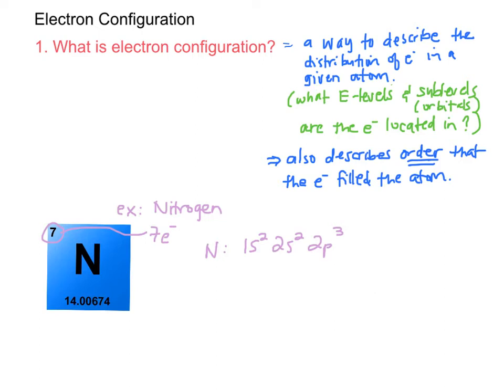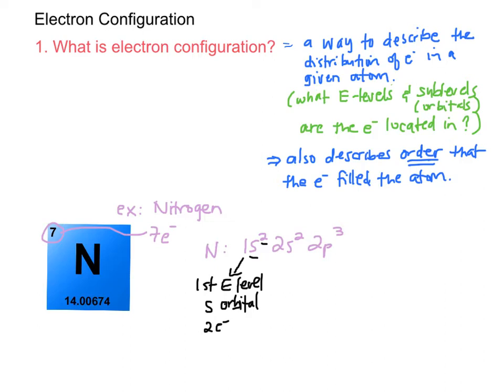The way that you read this is the 1 means that in the first energy level of nitrogen, in the s sublevel, or in an s orbital, you will find 2 electrons. So 2 of nitrogen's 7 electrons are located in the first energy level in an s orbital.